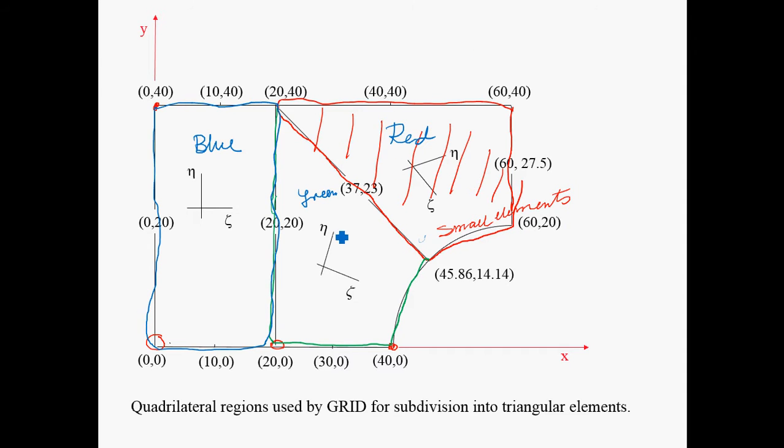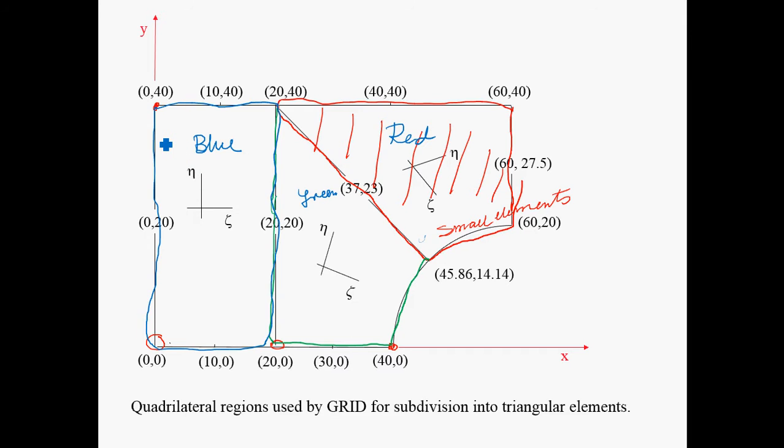You have these three regions, blue, green, and red. How in the world do you make them work together? That's the question here. What I'm trying to illustrate is the skill that you must have. Let me do a finite element mesh by hand, and you're gonna see the problem.